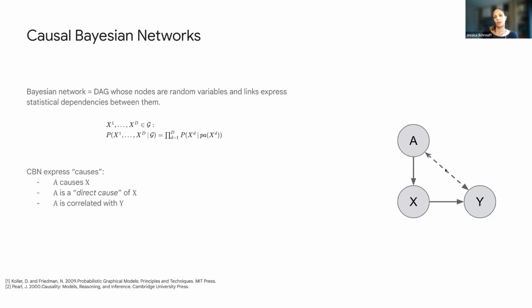And you see this double edged arrow here, where A is correlated with Y. You can have a correlation by having another random variable, let's say U, that you do not observe, and that's causing both A and Y. But if you don't have access to it, there's not much you can do about it. You can also have a selection bias that relates the two. But here, for simplicity, I'm going to focus more on just showing the correlation.